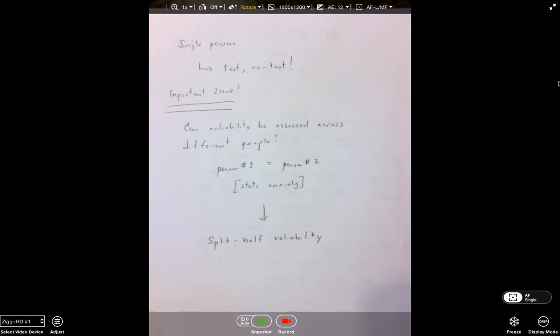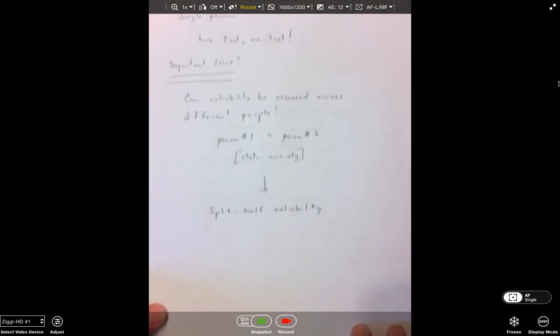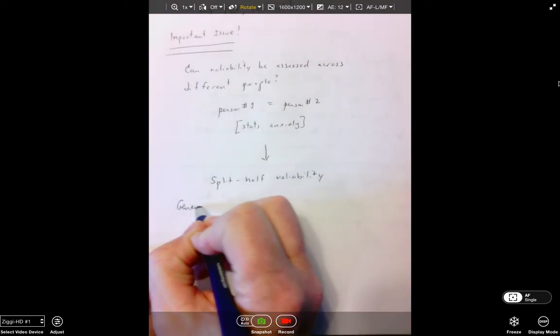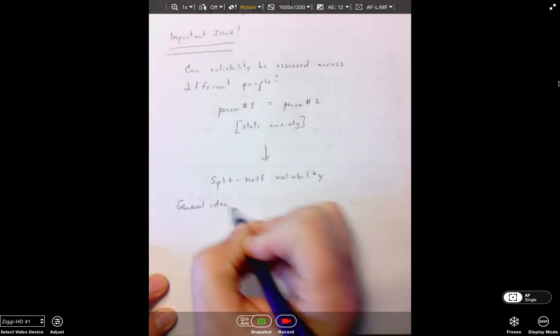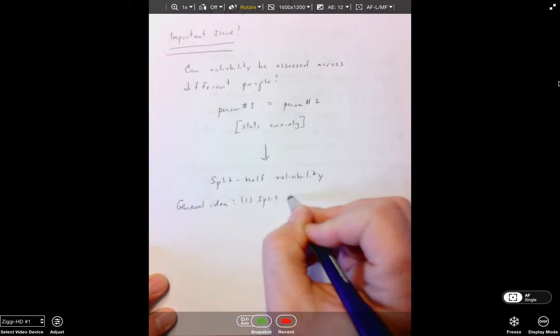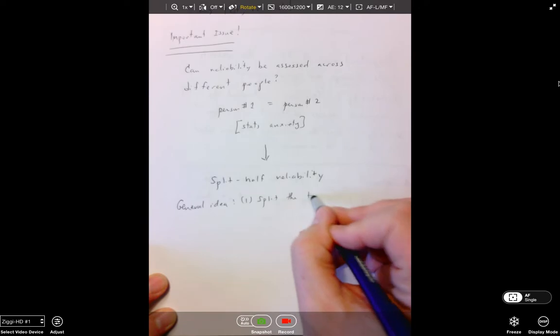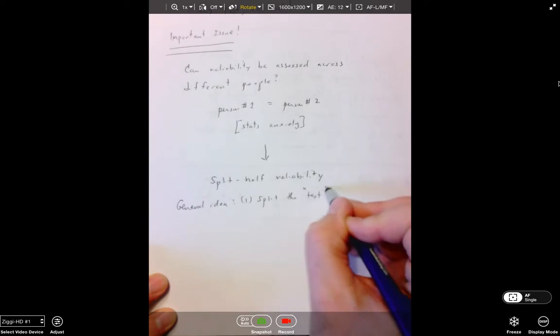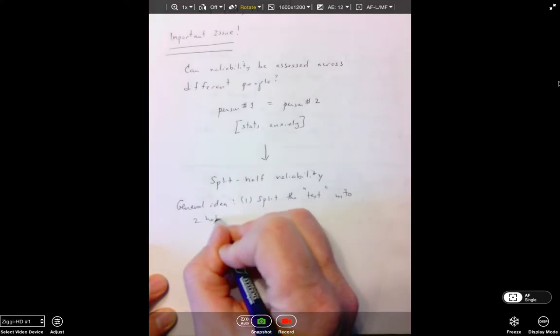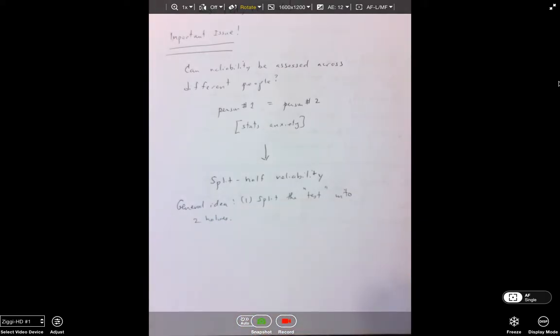We would look at what's called a split half reliability. And in a split half reliability, the general idea is, first of all, we split the test, I'm going to put that in quotes, into two halves.